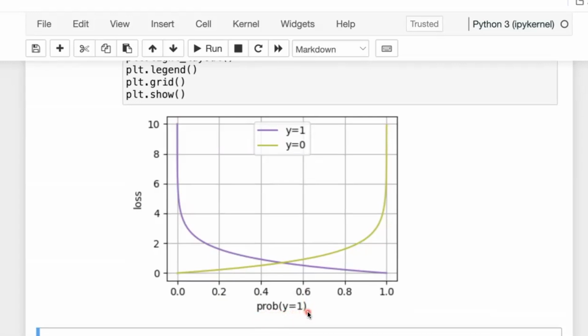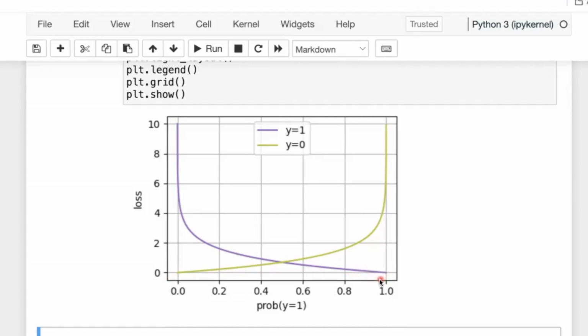This tells us that if the data point we are working with belongs to class 1, and the probability that it belongs to class 1 according to our classifier is also 1, this is a perfect scenario, right? Because we are 100% confident that the data point belongs to the correct class. So there is zero penalty to pay, and there is no loss incurred here.